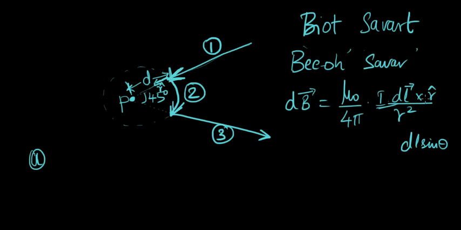So the angle between them, they're parallel, so the angle between them is 0, right? And sine of 0 is 0. So the entire term becomes 0. So the magnetic field at P due to 1 is 0, null, zilch, right?